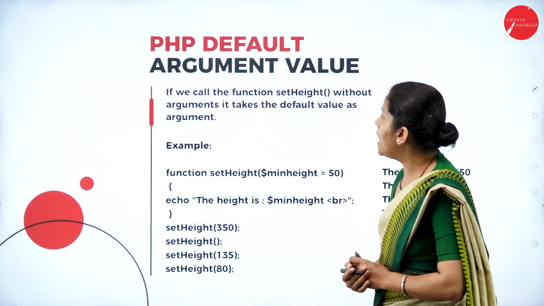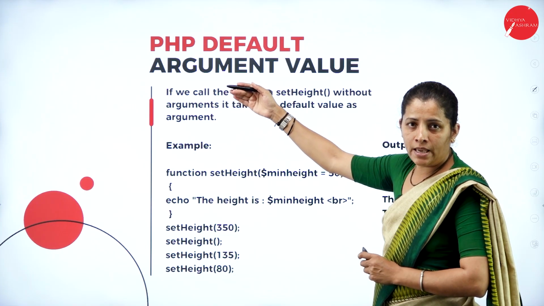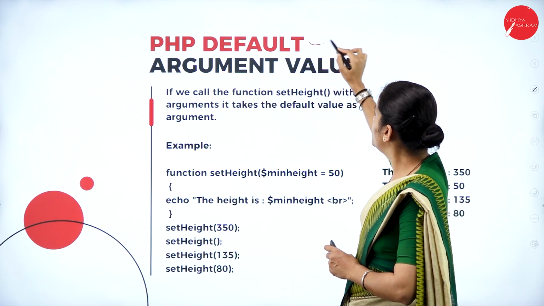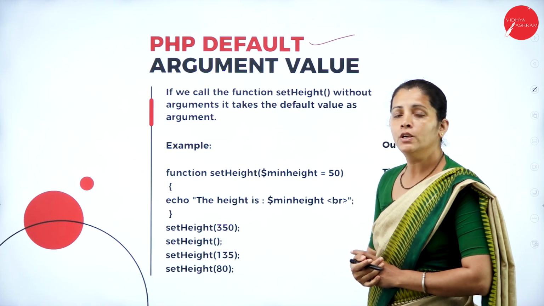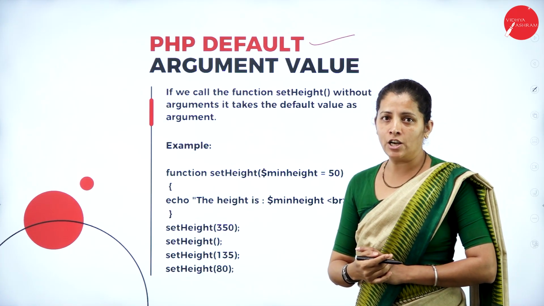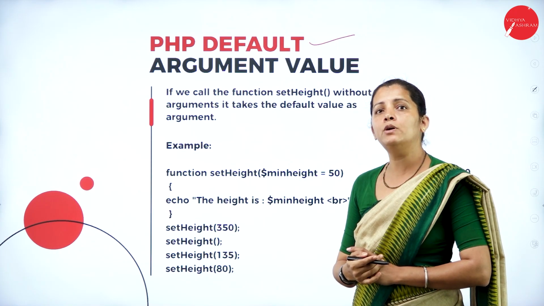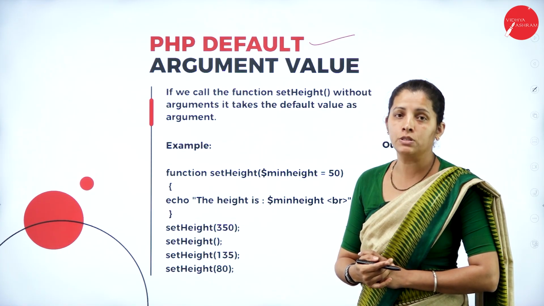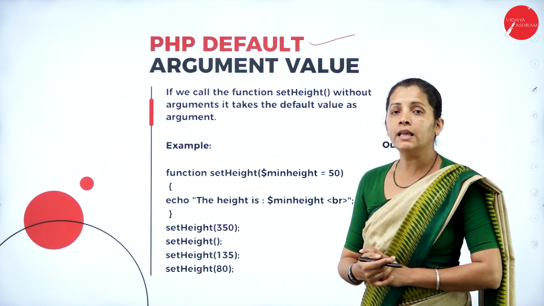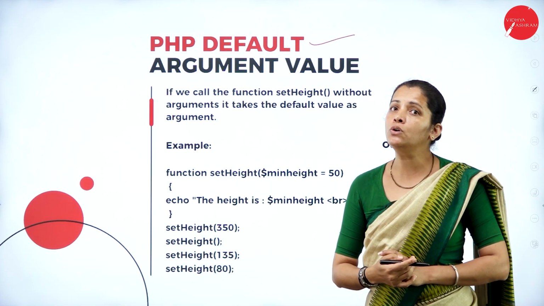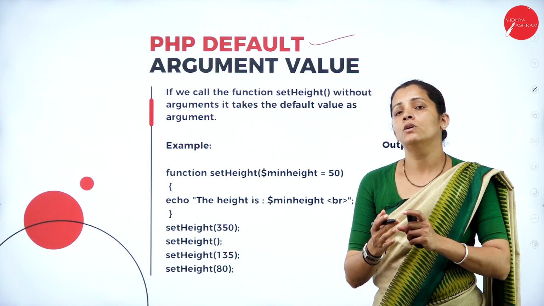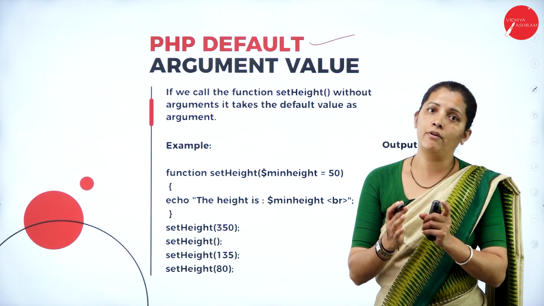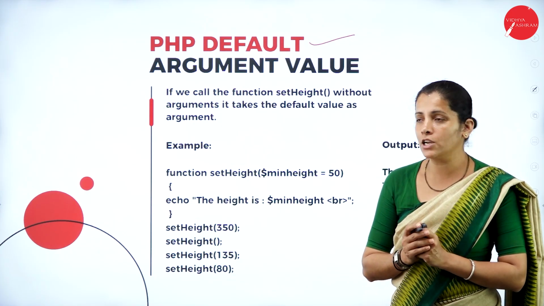Now, in PHP, how can I use a default argument value? If I use functions, I can use default values in PHP. There are times when I fail to pass the argument, and I can assign default values in my function.